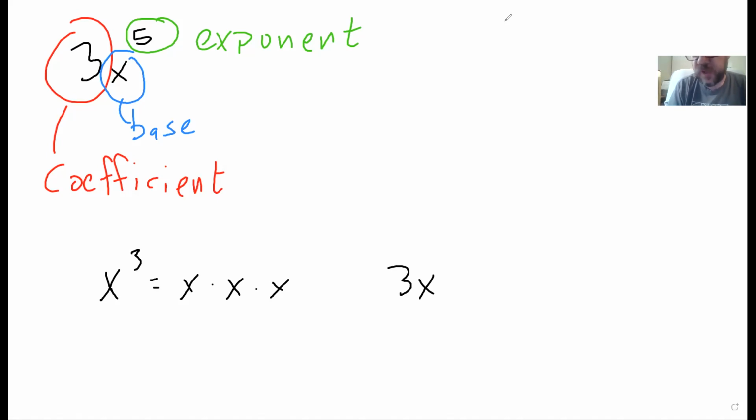Now we call that multiplying by 3, but really this is what it means, right? And then x to the third is x times x times x. So that's the relationship there. It's like the next step up in the addition to multiplication to exponentiation ladder. It really is a progression.